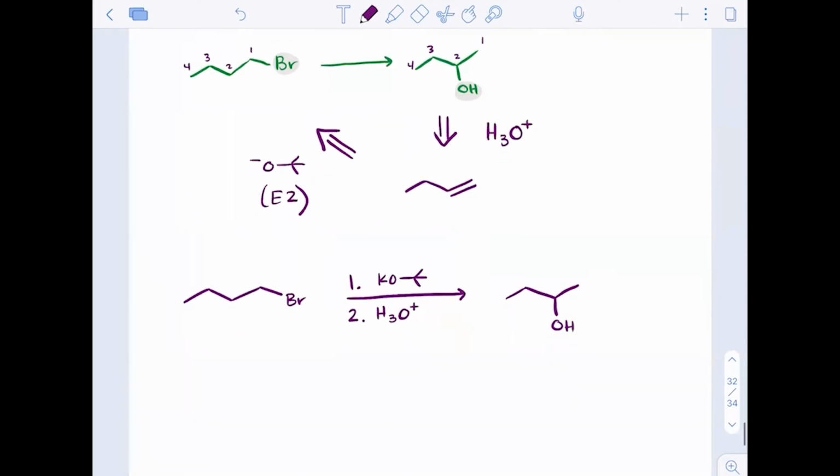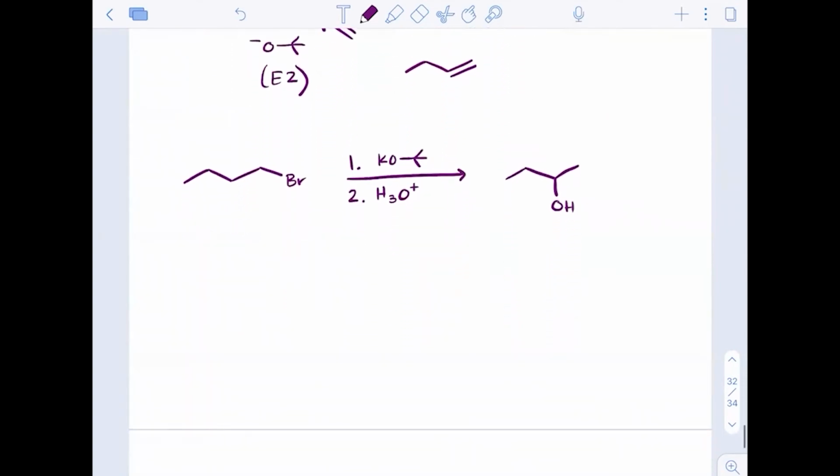So let's go ahead and do that forward reaction. Alpha and beta here, we have our large bulky base. We'll do our E2 proton transfer with the loss of the leaving group, and acid catalyzed hydration.